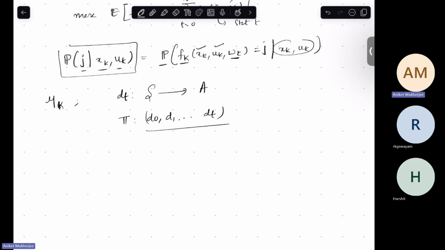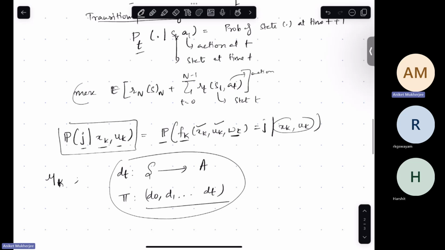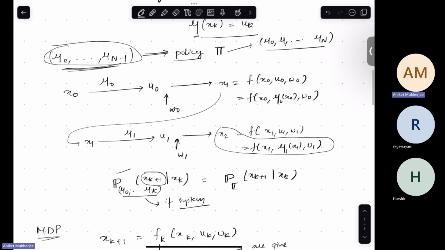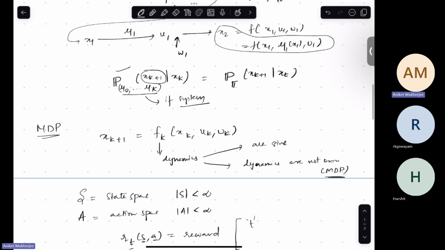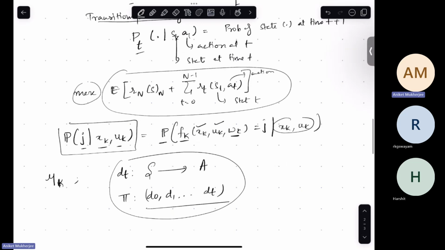You can interchange mu t and dt. If you read an MDP book, you will find them using this notation and maximizing expected rewards. If you read a stochastic control book, you will find they are minimizing an expected cost. But they both can be interchanged, because in one you know the dynamics, in one you don't know the dynamics of the transition probabilities.